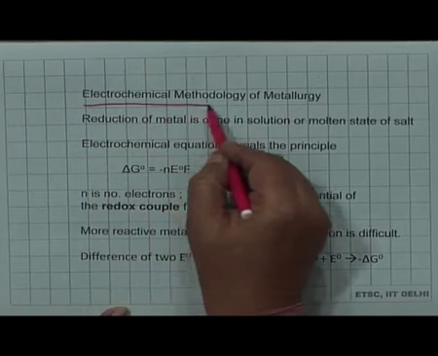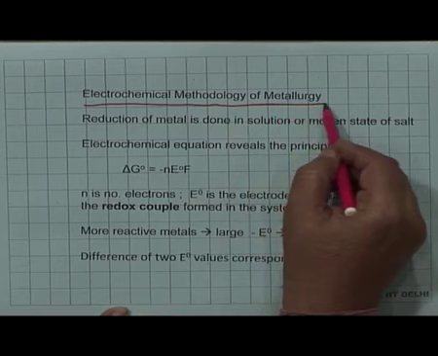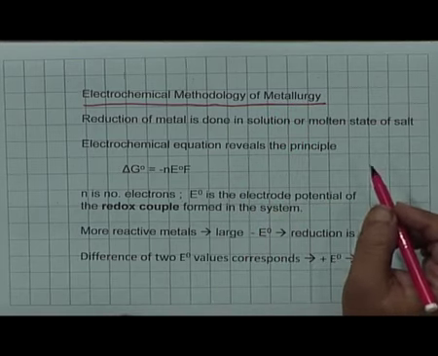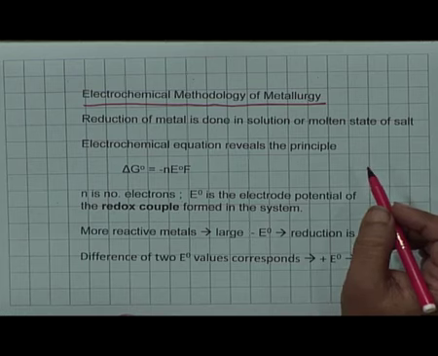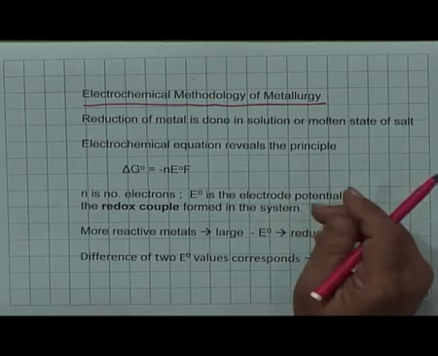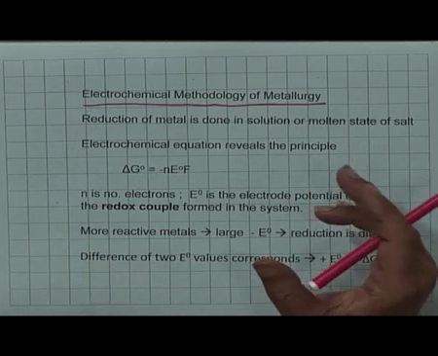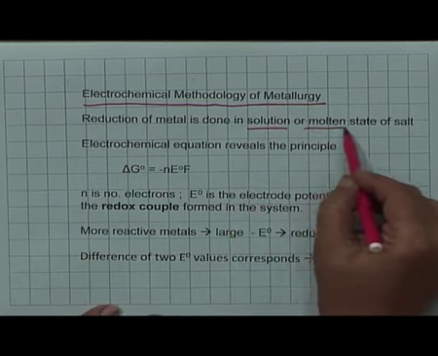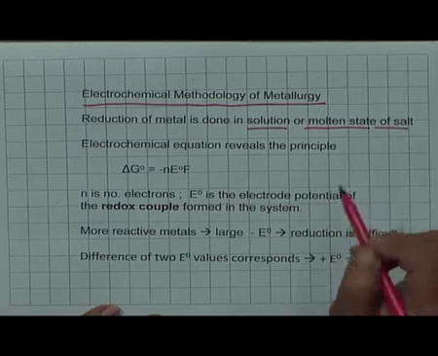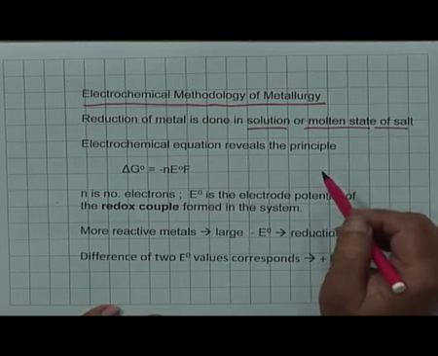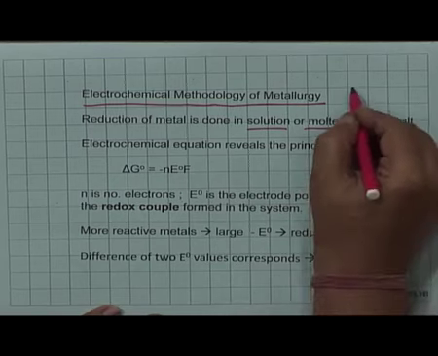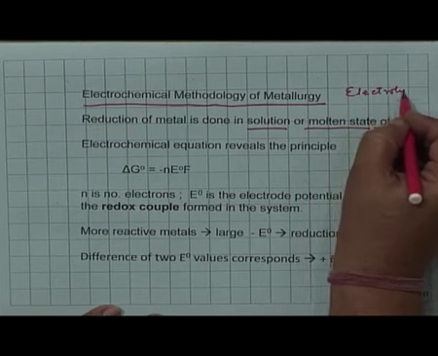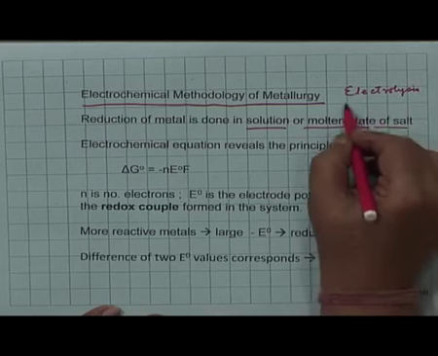These methods where electrons are the reducing agent are called electrochemical methodology of metallurgy. In this case, electrons can be produced either in a solution or in a molten state of the salt. So electrolysis is carried out, and you know very well that in electrolysis electrons are easily produced.